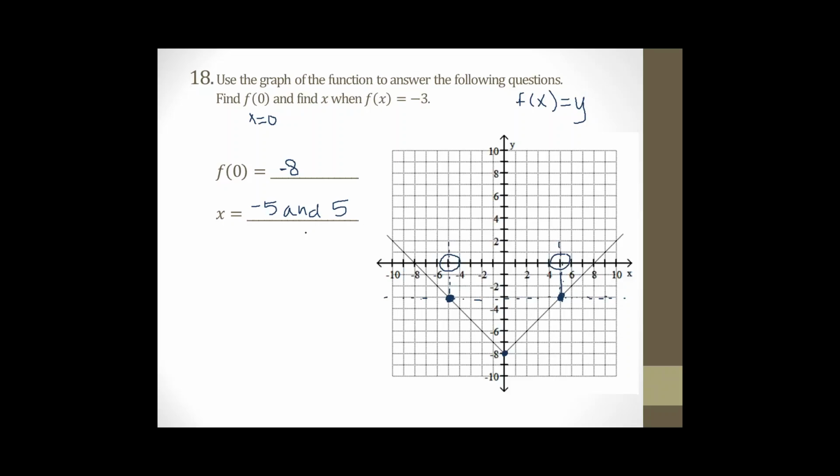Alright, so on your tests this week, when you put your answer into the computer, you want to write it as -5, 5. Make sure you write the smallest answer first. Okay? Write the smallest value first.